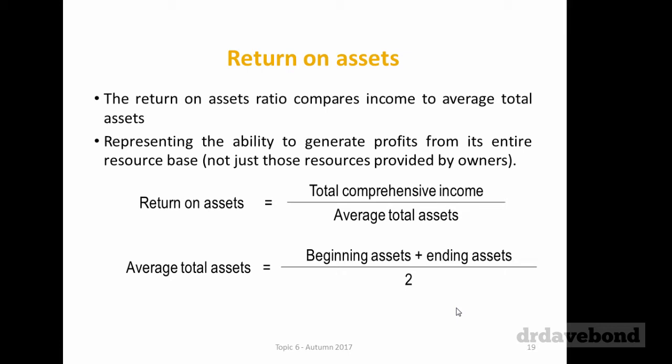I'm going to simplify the calculation just here and now, so for the example I'm about to do, I'm not going to use averages, just to make the numbers easy to work with. Return on assets is the return that you get from all the assets that are working for you in that business, not just the money that you put in as the owner, everything. So let's take two examples.